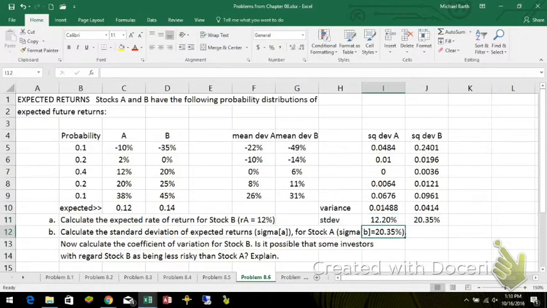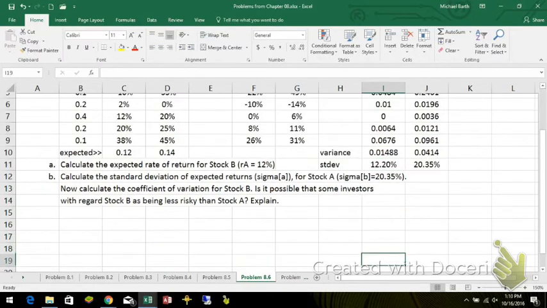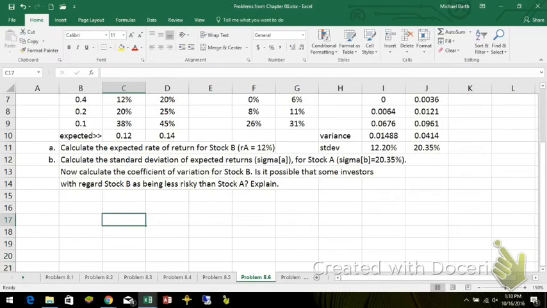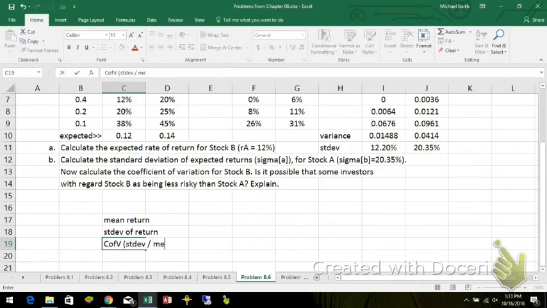Now calculate the coefficient of variation for both of them. Alright, so the mean return, or the expected return, the standard deviation of return, and the coefficient of variation is the standard deviation divided by the mean.